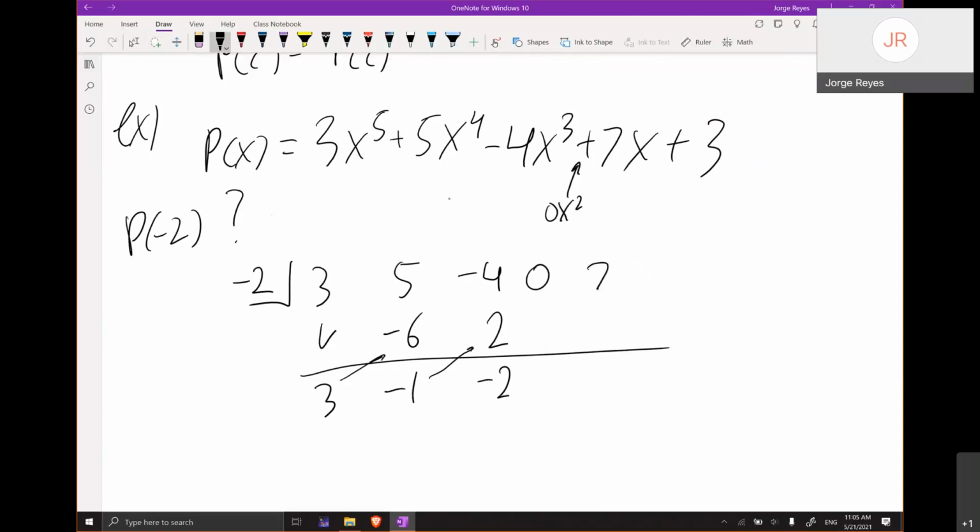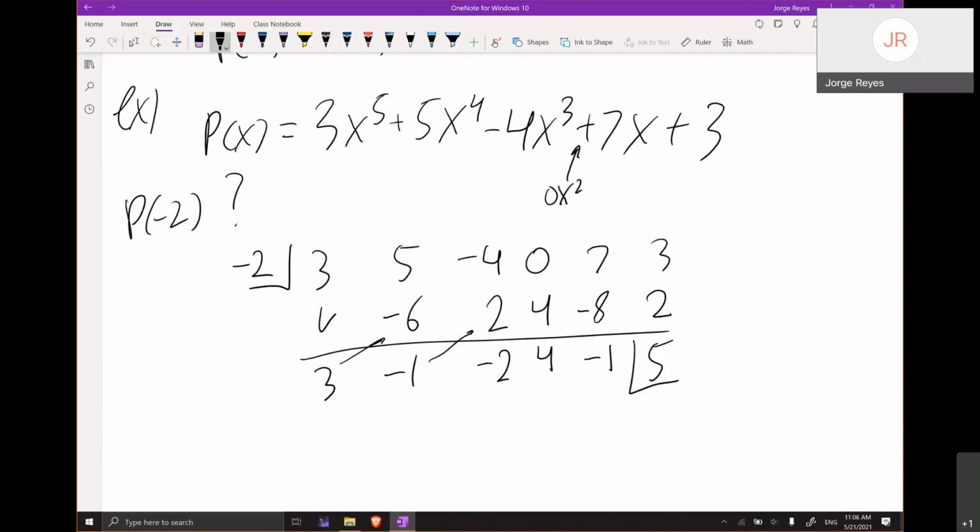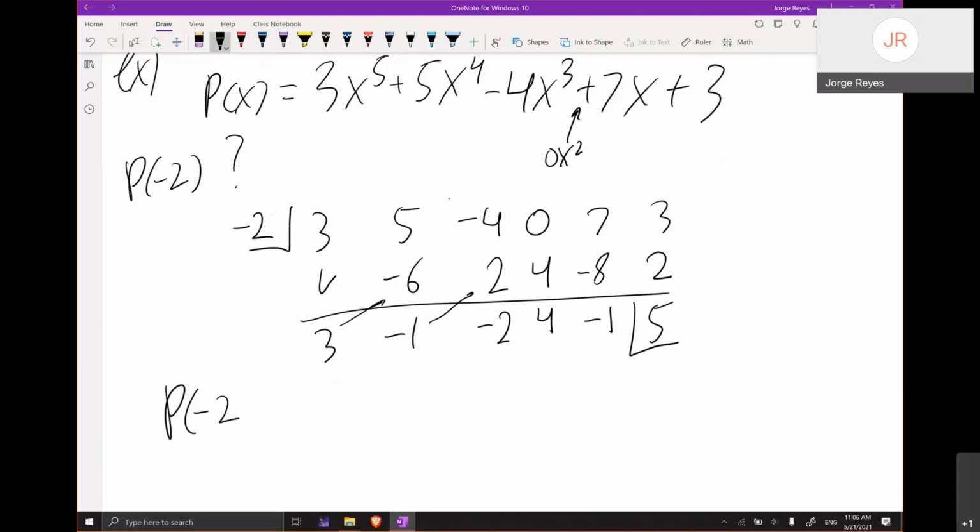So 0, 7, 3, big deal. So 4, 4, -8, -1, 2, 5. All right, so the answer is p of -2 is 5, by the remainder theorem.